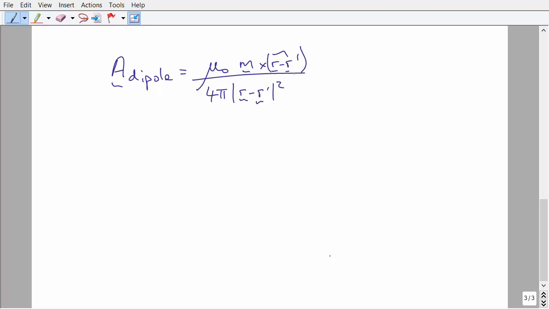Okay, so this is our starting point, and of course m is given by this quantity here, and furthermore we're going to put m at the origin, so r prime is going to be 0, and this vector here will just become r hat, and the mod here will just become, this is just going to be r squared.